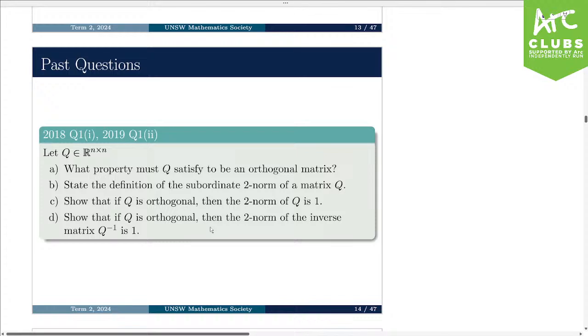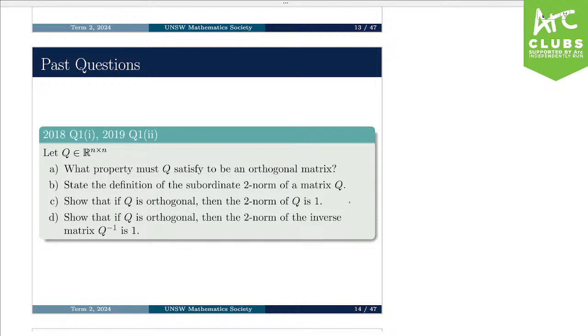Okay, now we do a past question with matrix norms. So this exact question has popped up in a lot of the different papers, and it's always the same question with slightly different variations.